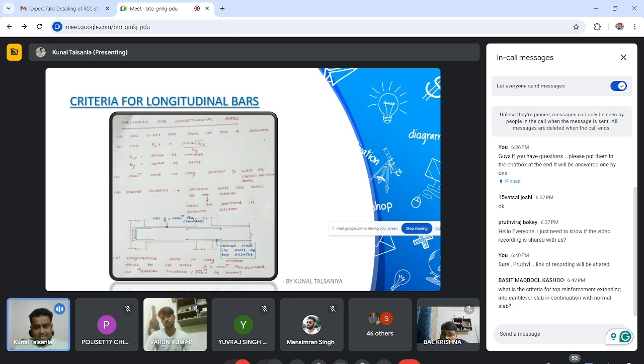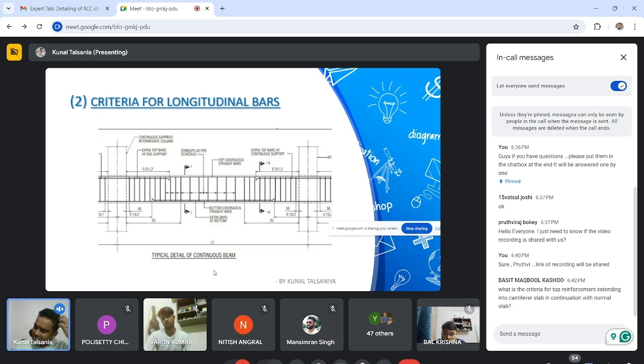Then fifth criteria is longitudinal steel at any section shall be at least 1/4 of maximum AST provided at support location. What it means? Say my maximum area is 1000 mm square. So I have to provide through steel equal to maximum provided steel divided by 4, so 1000 divided by 4.